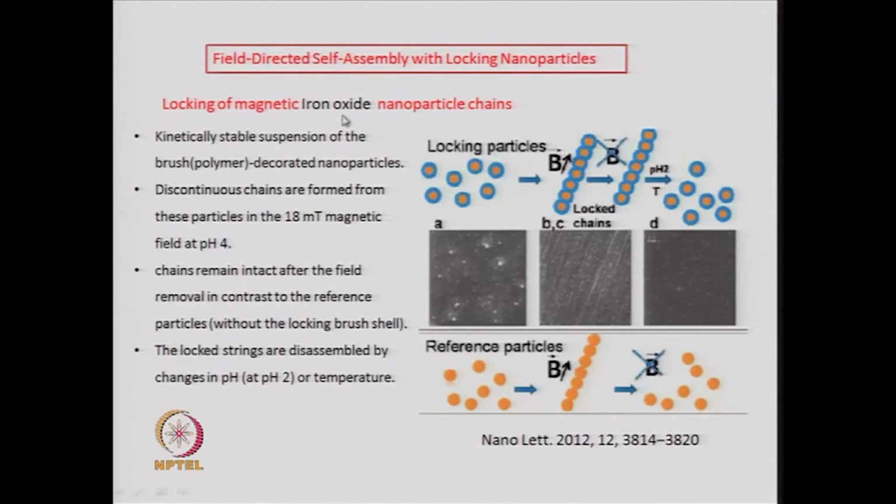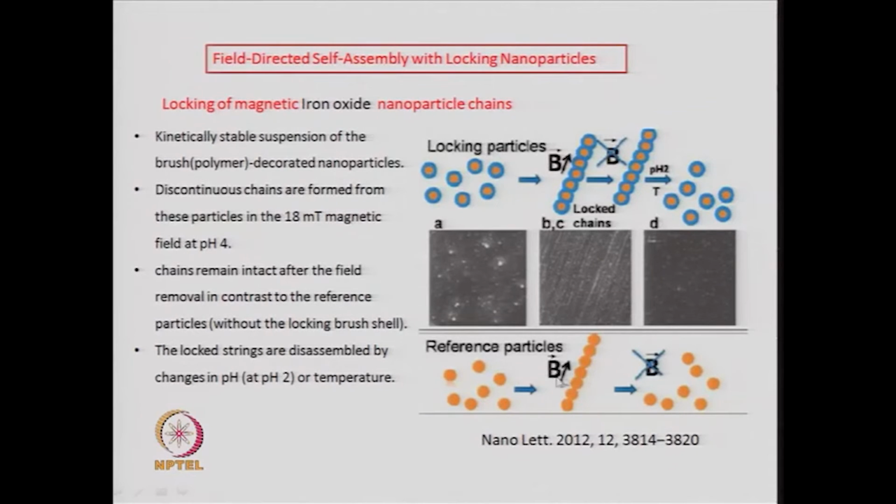Now, you have iron oxide particles which are magnetic, and you want to assemble them into chains. Now, if you take simple iron oxide particles, and you apply a magnetic field where B is a magnetic field and you are applying the magnetic field in this direction, what happens, these iron oxide particles will align in the form of a chain.